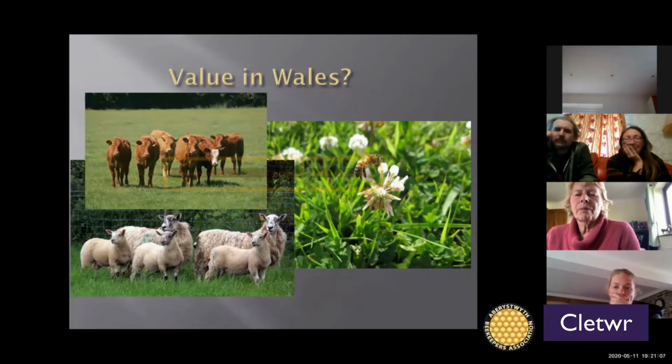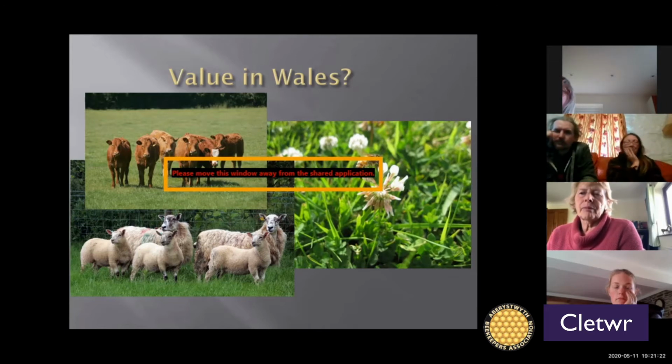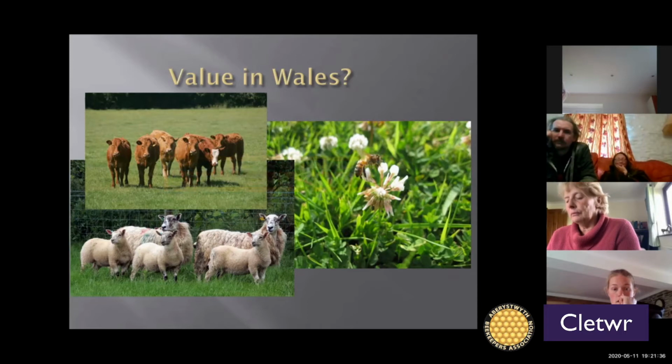And also, if you've got farmers looking to grow white clover as a protein source for their livestock, then that's a useful thing for the bees. We also are lucky enough to have a lot of scrub areas as part of our mosaic landscape, and again, that's really important for the bees. We have bees based between Bow Street and Penrhyncoch, and they're working a lot of the village garden habitats as well. So it's a really mixed landscape.